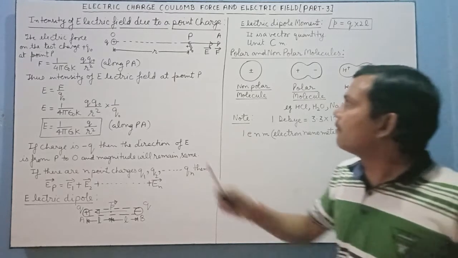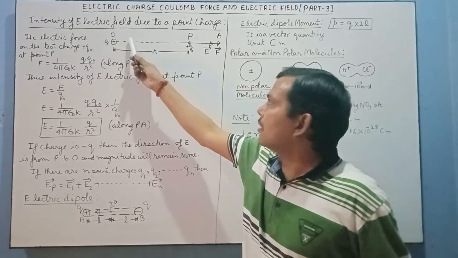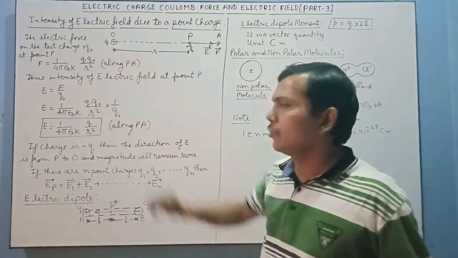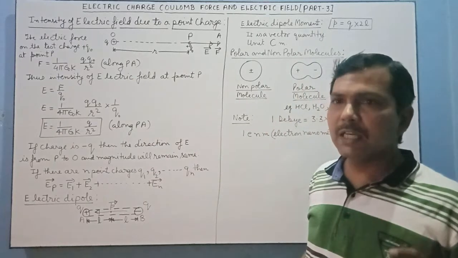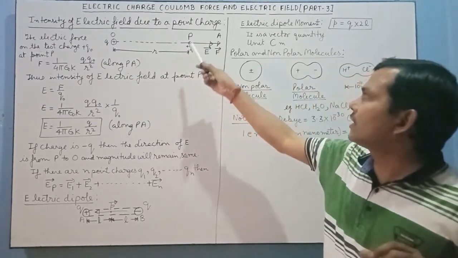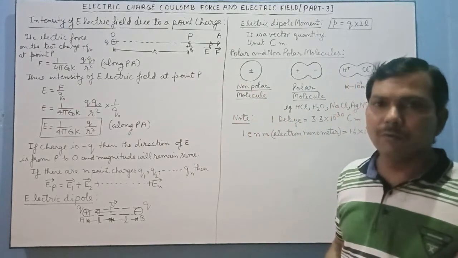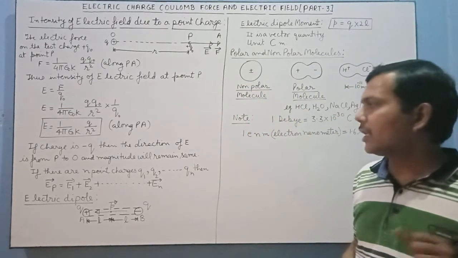Now, if there is a system having a number of charges at point O, and we have to obtain the electric field due to this system of charges at point P, in that case we will use the principle of superposition.